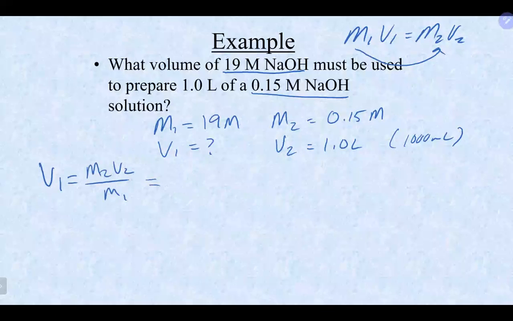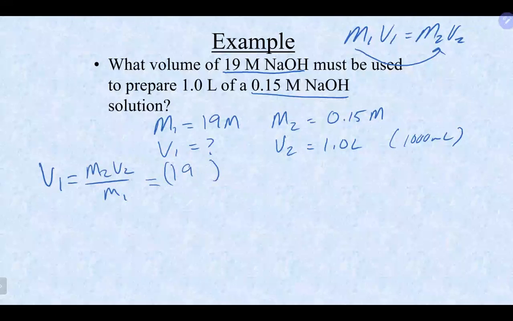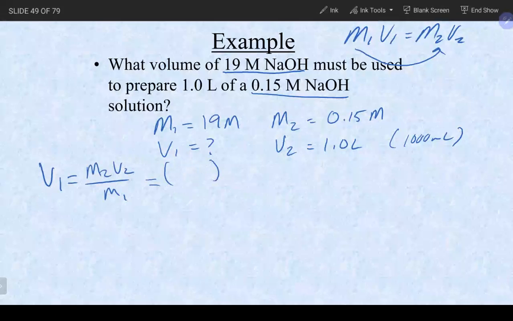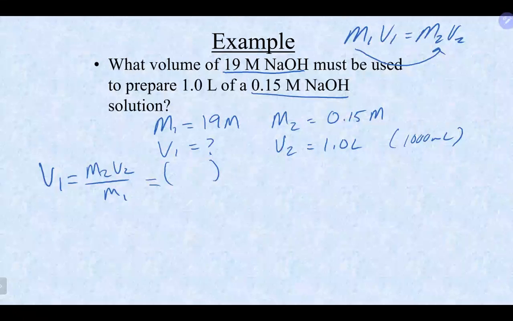Putting in our numbers here, we have 19 molar. We have our V2, which is, sorry, I wrote that backwards. I did that twice today. Hang on. All right. M2, so that would be 0.15 molar. That seems better. And 1 liter divided by our 19 molar.